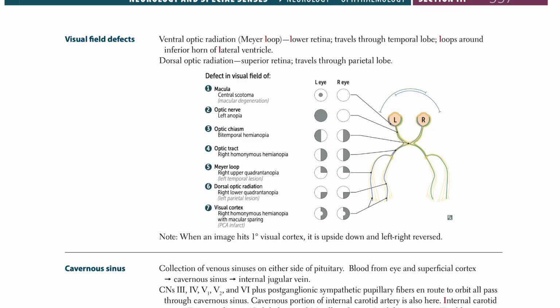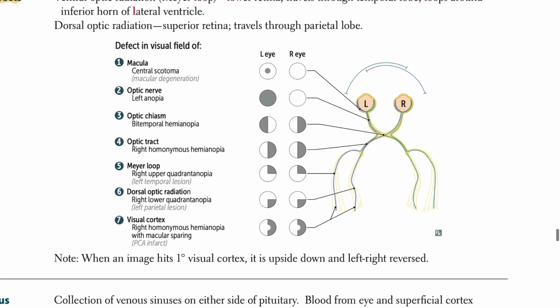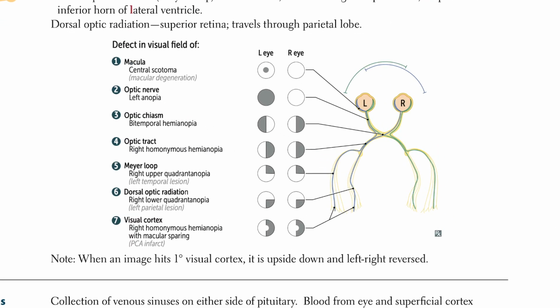Here, let's take a look at the picture first. Simple. Okay, the first thing we have is left eye, right eye. Here's the problem in the middle, right? In the middle, if you recall, we have the macula. And if you recall, macular degeneration was age-related macular degeneration.